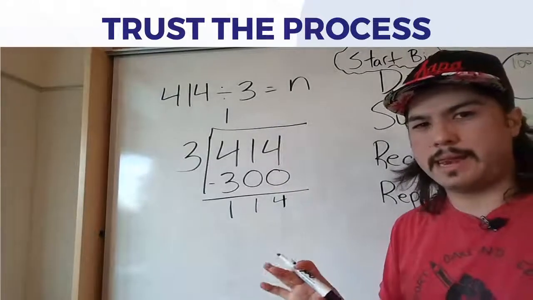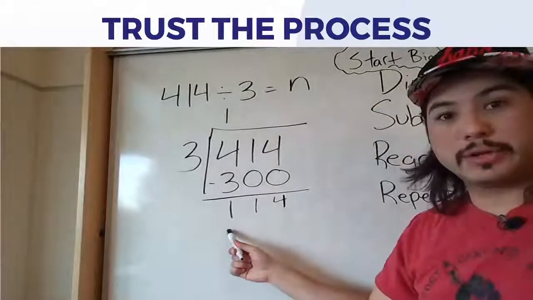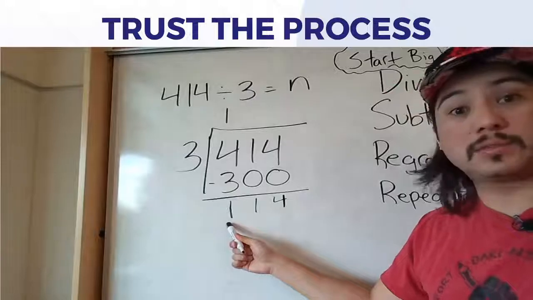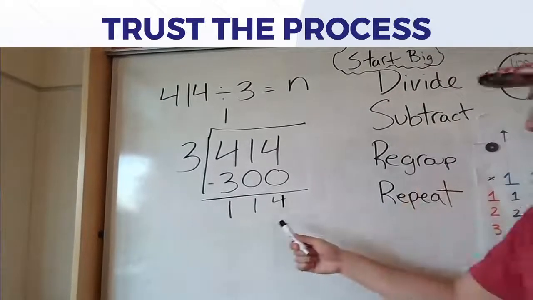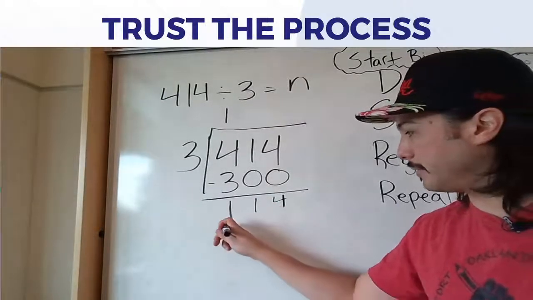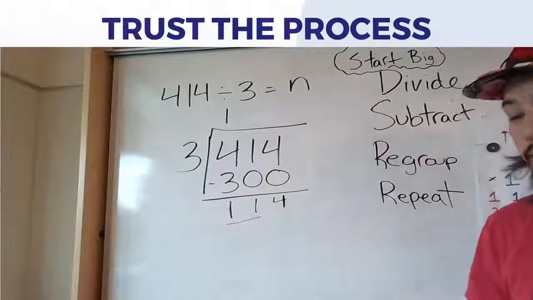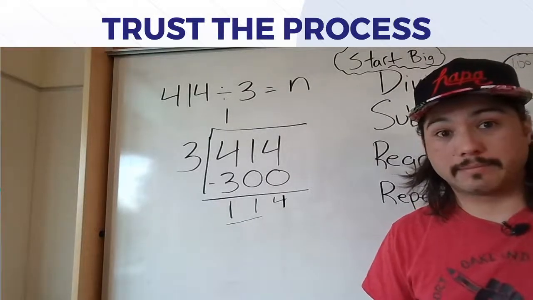Okay? Now, again, we're starting big, so we're starting in the hundreds place. Now let's look, because we can't take this 100 yet, we've got to regroup it. We've got to say, okay, well, this isn't 100 anymore. Now I'm going to fold it in with my tens, and now I have this number. I have 11 tens.